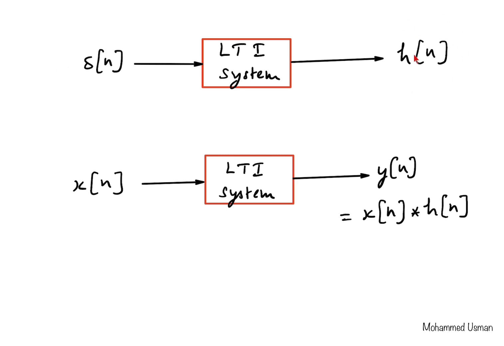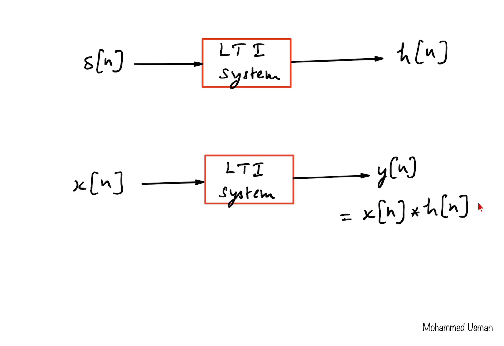Okay, so if we know this h of n, which is the output of the system when the input is a delta function, then we can find the output of that same system for any other arbitrary input x of n by convolving that input x of n with the impulse response h of n. That is what it means.